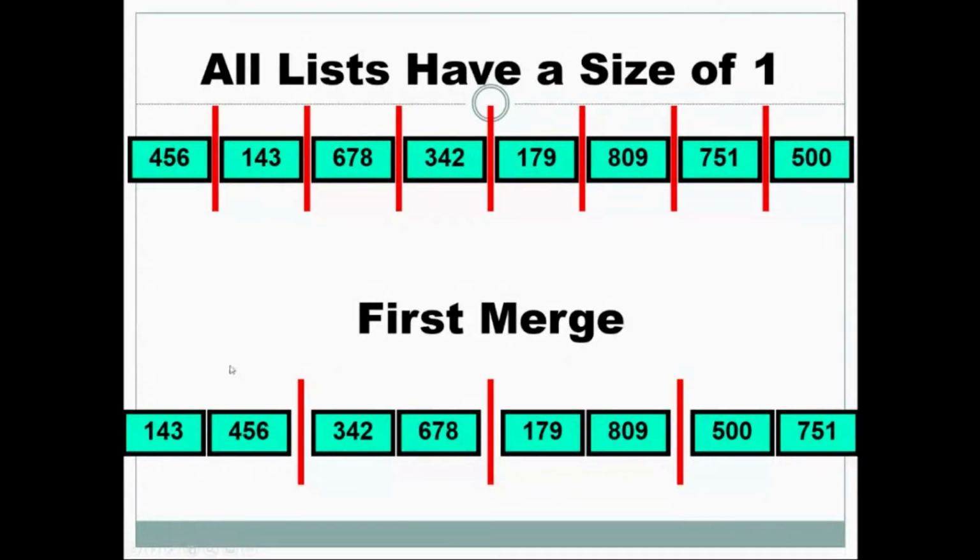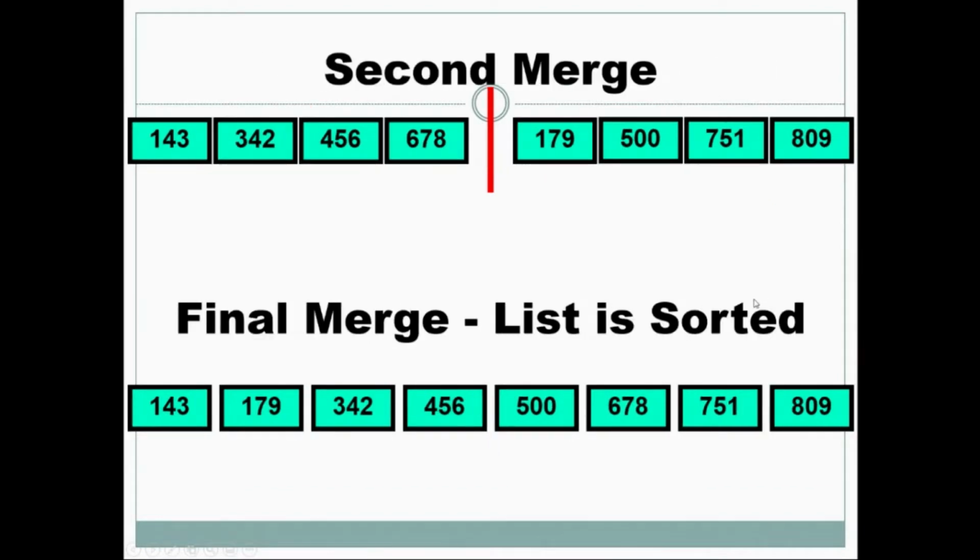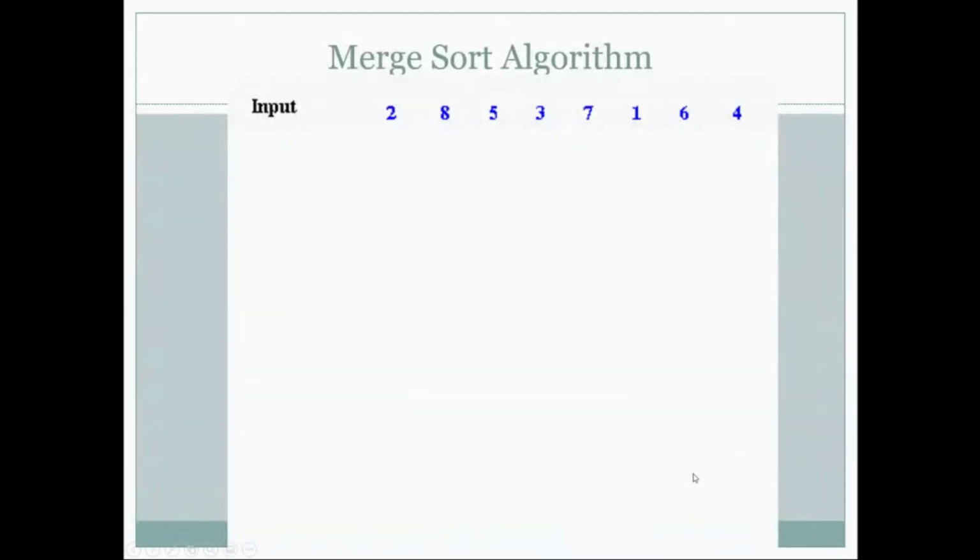The third merge is actually the first four, but we're also going to look at how each two items are merged. Now you have four lists here. After you merge each two, you now have only two lists, each with four items. And now you merge those two. So finally you have the same size with all sorted items. That is how MergeSort works.